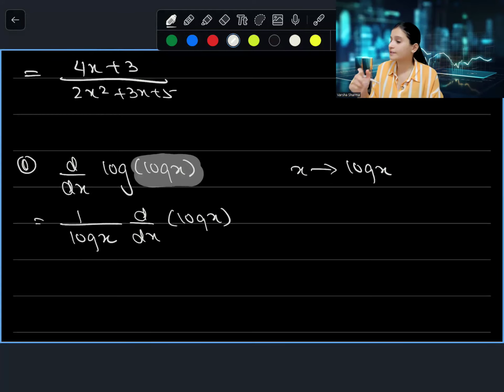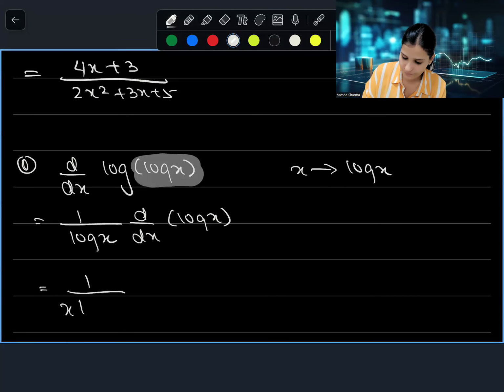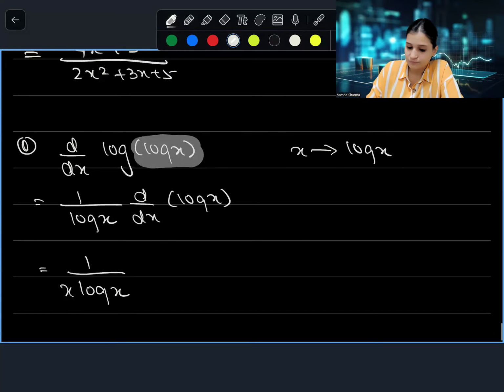Now the whole log x is my x. The differentiation of log x is 1 by that, into the differentiation of log x. What is the differentiation of log x? 1 by x. So it is 1 by x log x.